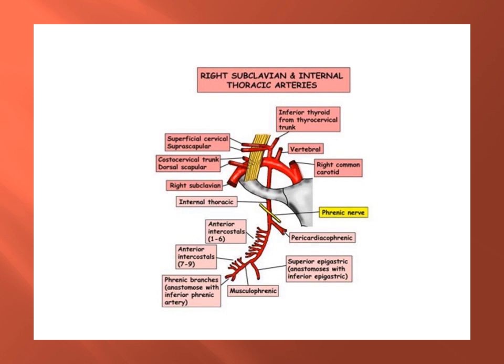If we see this, this is internal thoracic artery giving rise to six anterior intercostal branches for the first 1 to 6 intercostal spaces.